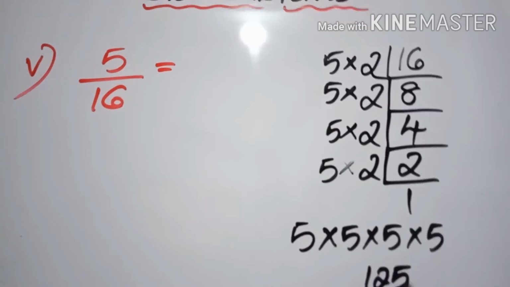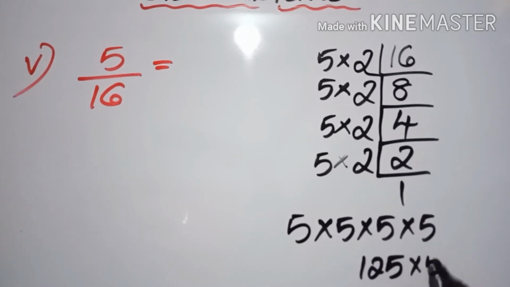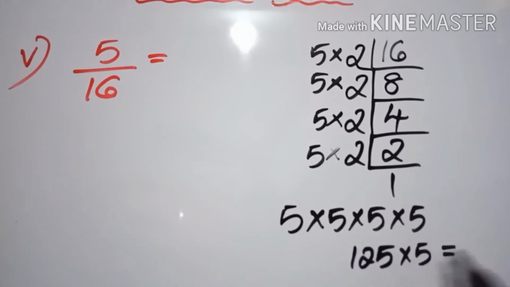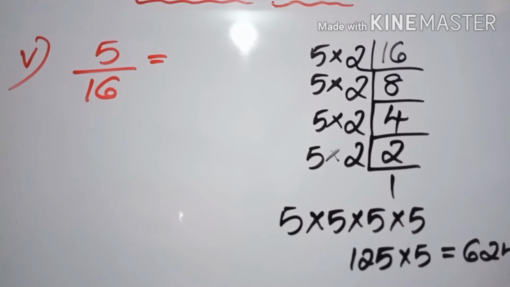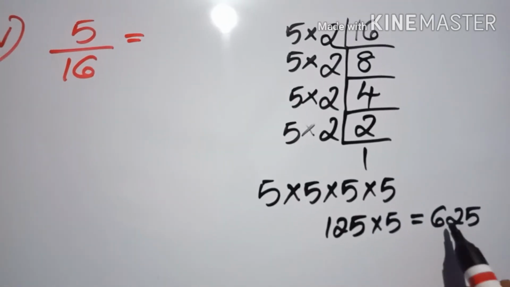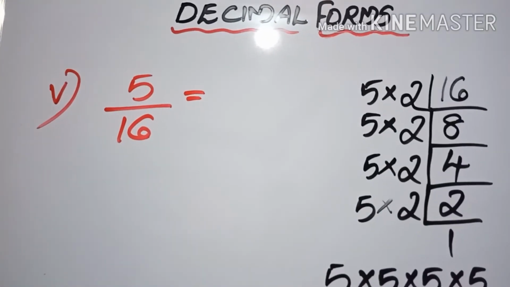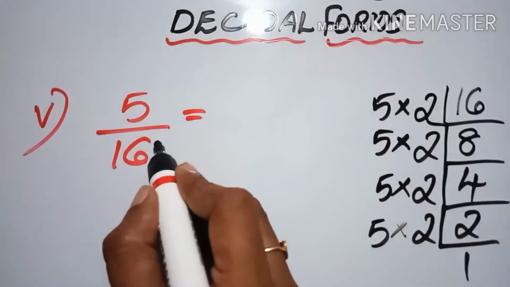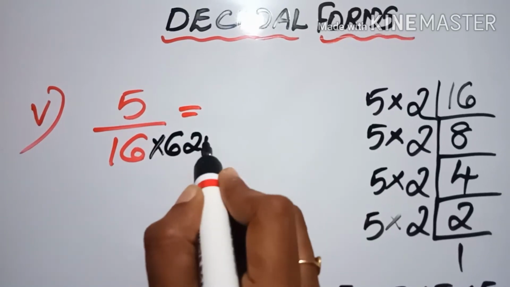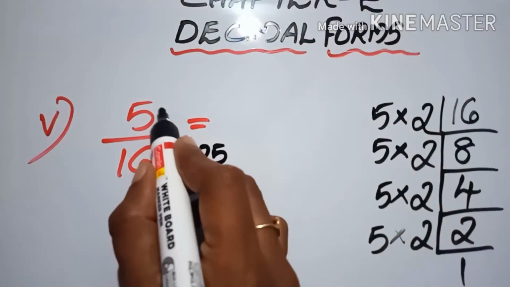Now 125 into 5 is 625. So into 625 we need to give here. Now in the numerator also into 625.